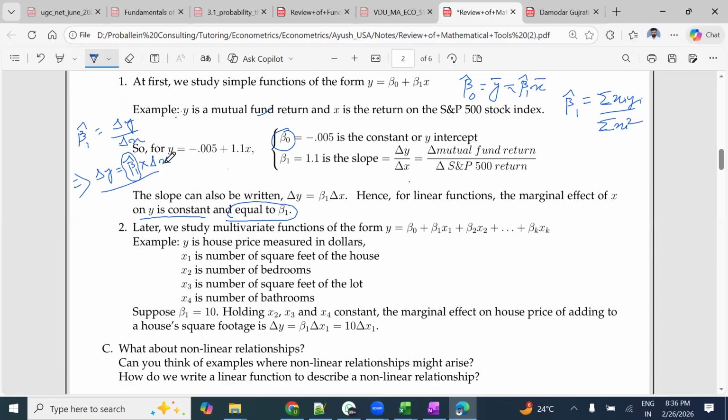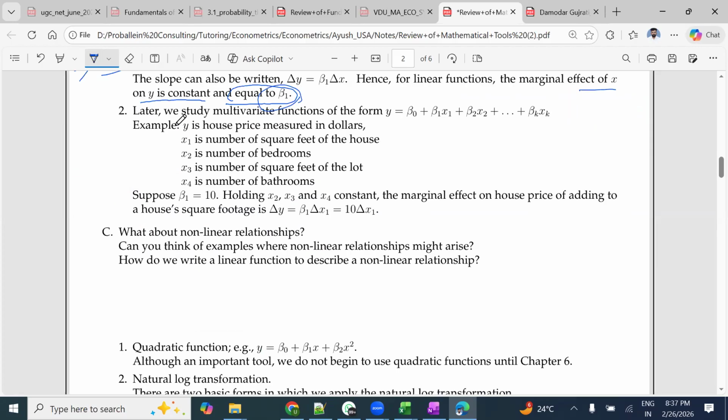Today's session, the focus is on the interpretation, the marginal effect, because beta 1 is the slope, right? So it measures the effect of the change in x on y. So we say the marginal effect of x on y is constant, and that is equal to beta 1. So beta 1 is constant here.